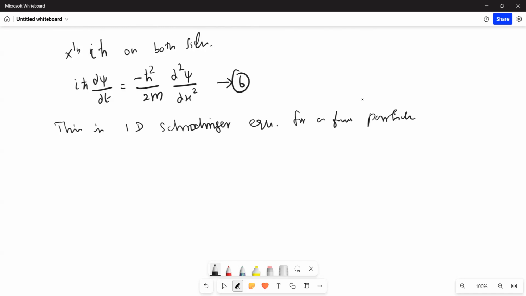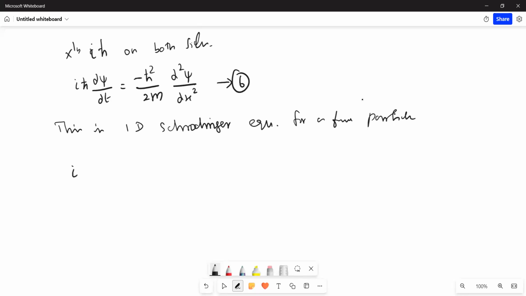Right. Now here we need to think of one more point in the same equation, and we need to identify the momentum and the energy operator in equation number 6. So I'm going to rewrite the same equation in another form.